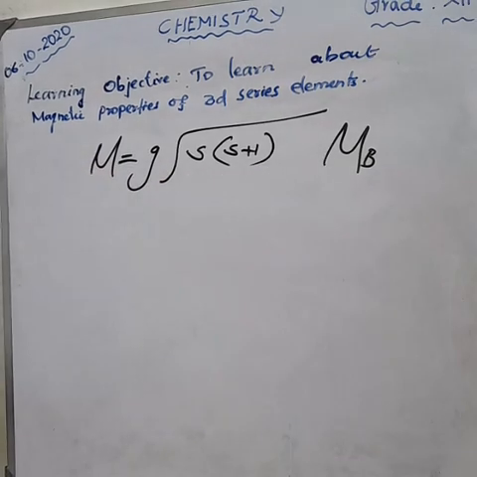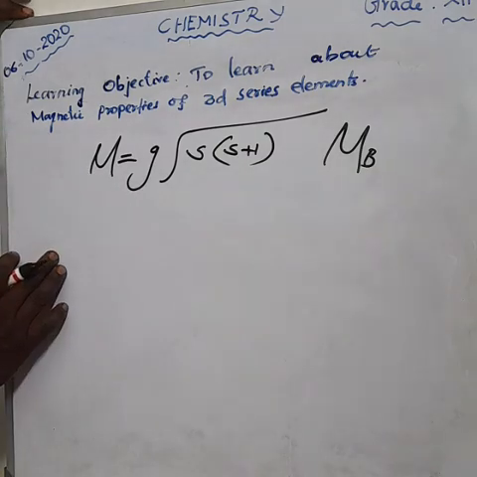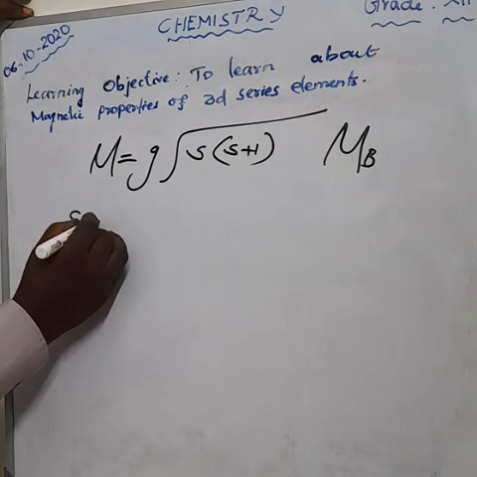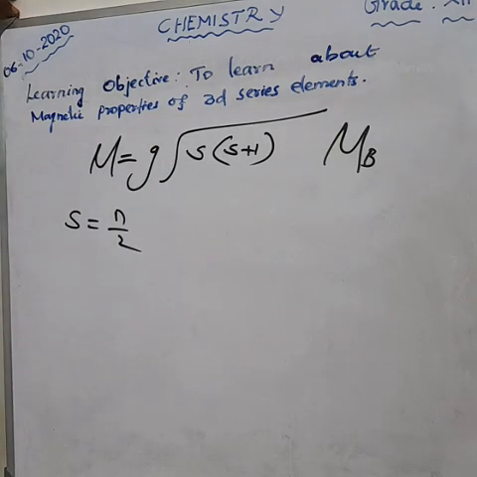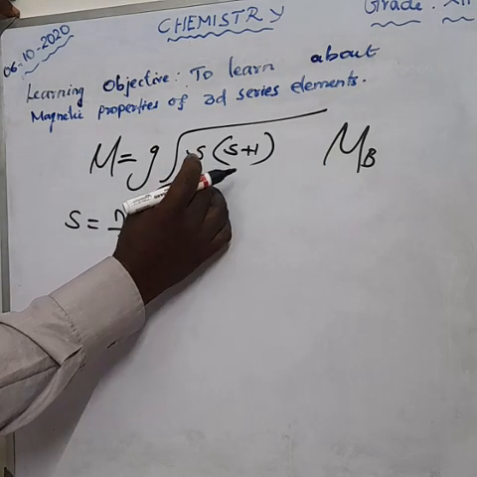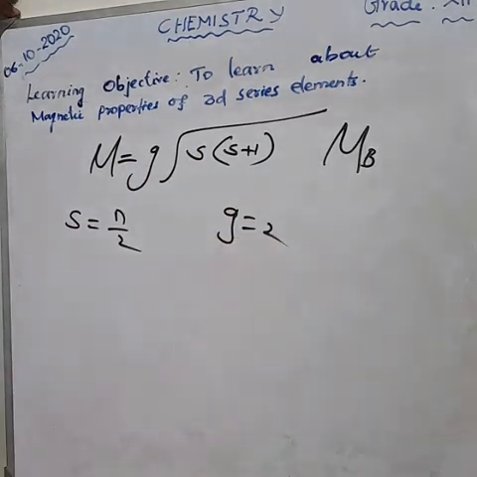For an ion with n unpaired electrons, S is equal to n by 2. For an electron, g is equal to 2.